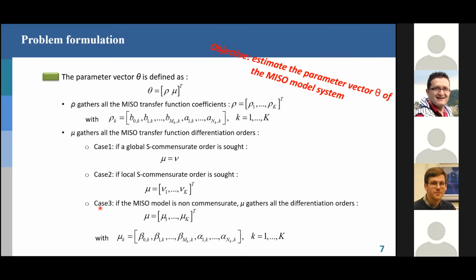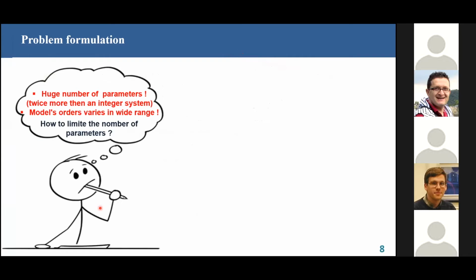Our objective here is to estimate the parameter vector theta of the MISO model system. Unfortunately, we have two major problems in our work. First, the huge number of parameters: the dimension of theta is huge, twice that of integer systems. And our model's orders vary in a wide range at each iteration. So how do we limit the number of parameters?